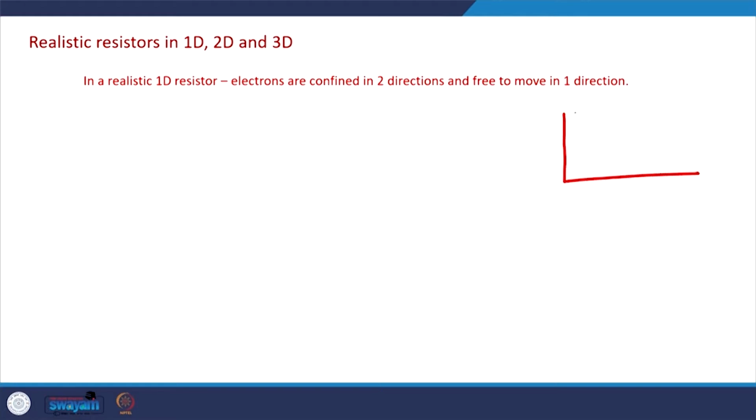In a realistic 2D conductor, apart from its length and width, we also have a finite thickness. And we need to take that into account while doing the calculations for the current in a 2D channel. There is a finite thickness, so the electrons will be confined in this direction because it is of the atomic scale, and because of the quantum mechanical confinement, the electrons' energy will be discrete.